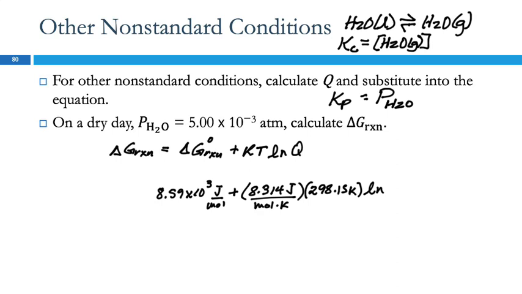So here we're going to use the partial pressure, so natural log of 3.00 times 10 to the minus 3 atmospheres. Yes, it does.